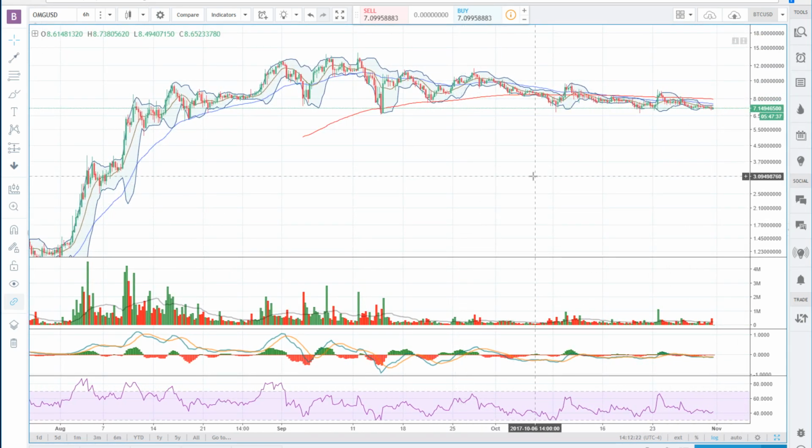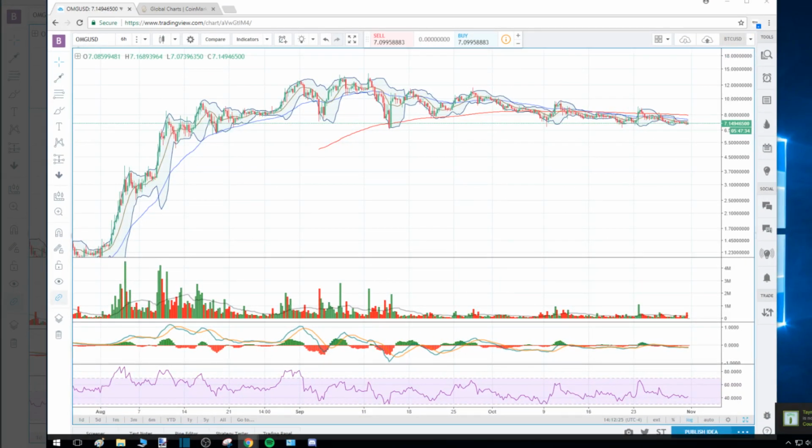If you're looking at lines of support, you've got a line of support at 3.7, a line of support at 5.5, and then at 7. So yeah, good support down there. It could be a really good buy. It's just, you're rolling the dice. You never know with these altcoins.